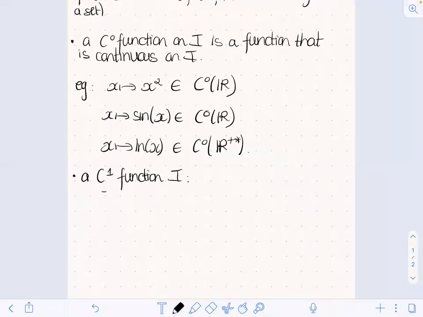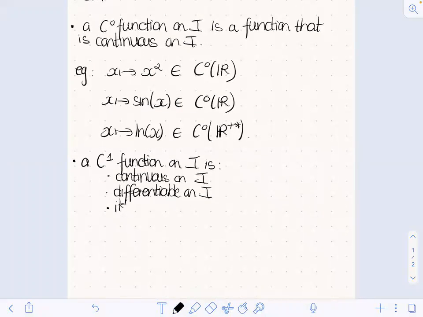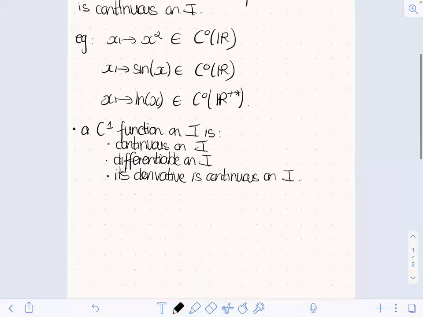It is continuous on I, differentiable on I, and its derivative is continuous on I. You need all three properties to hold for your function to belong to C1.